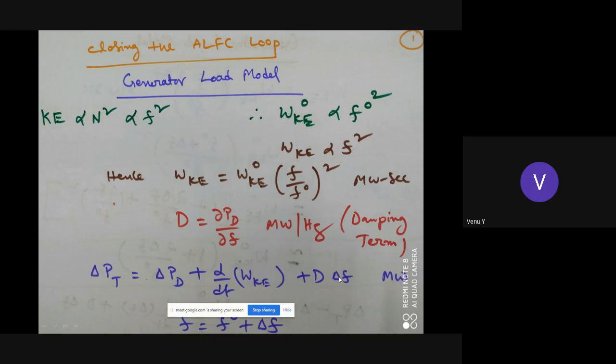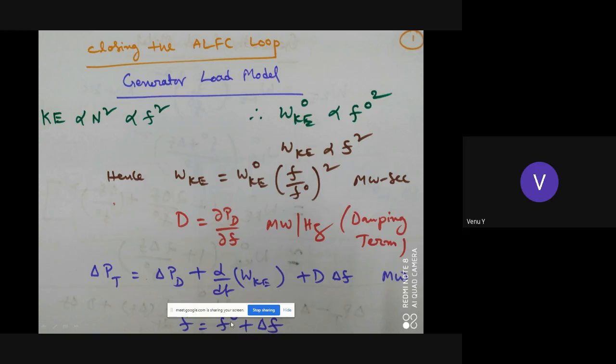In general, D into delta omega is used. Here you can multiply with 2 pi, so that 2 pi is combined with D. For understanding purpose, I included that. Otherwise, you can also use some other term B here instead of D. For remembrance, D is used here. Therefore, D into delta f.